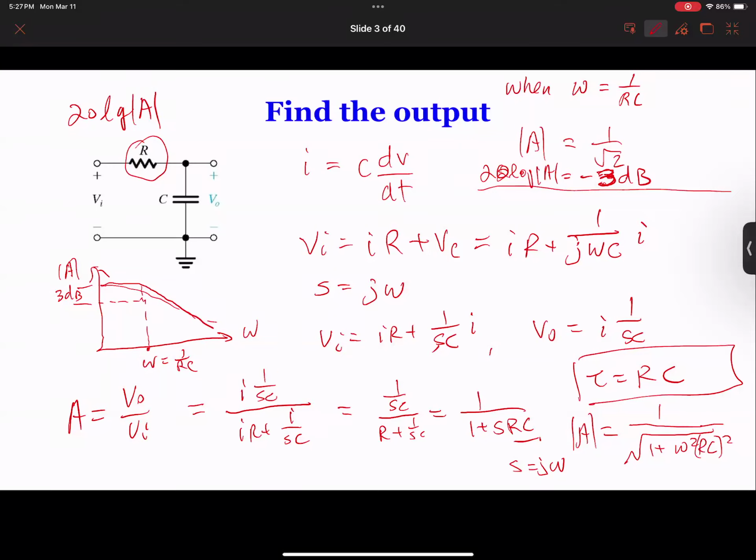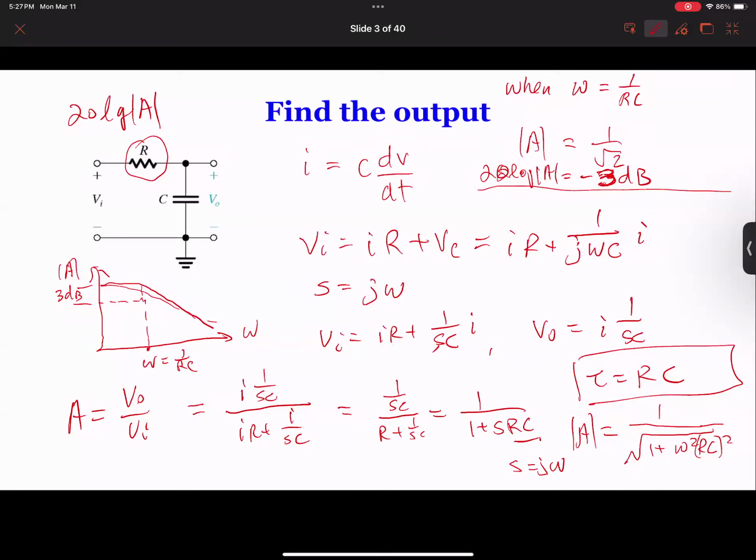So your dB is 0. When your frequency increases, when omega equals 1 over RC, it will start to drop to minus 3 dB over here. So that's why you have 3 dB.